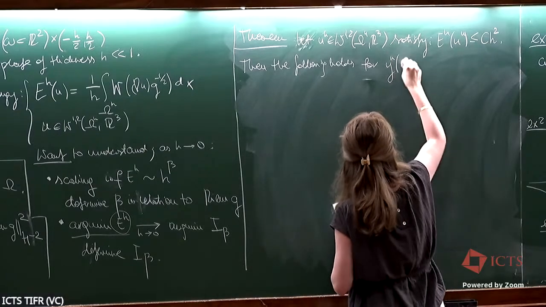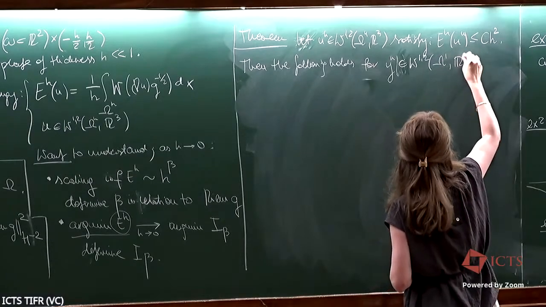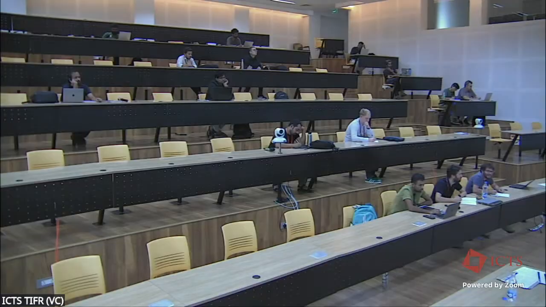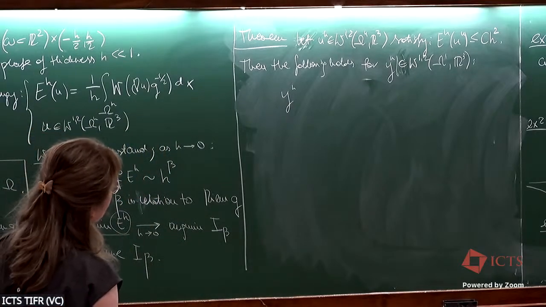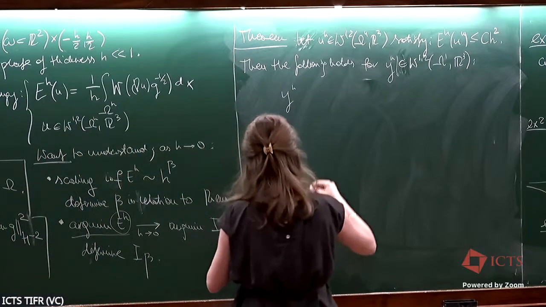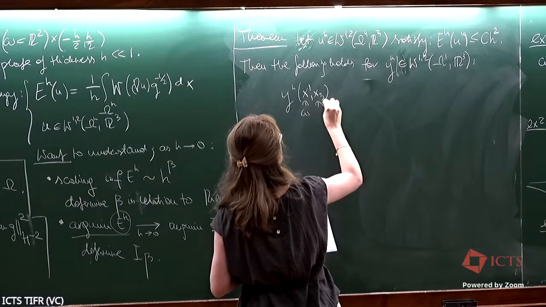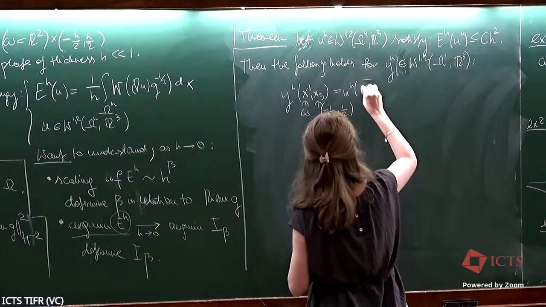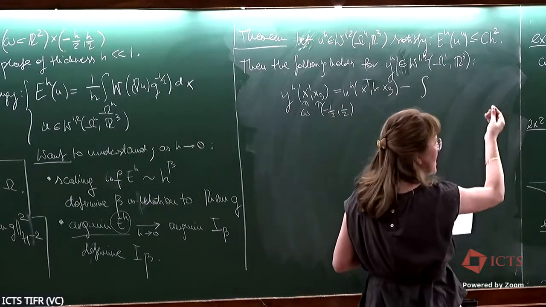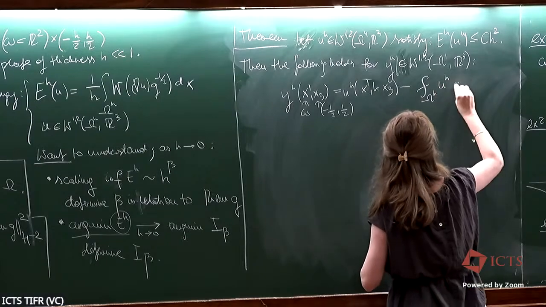For y^h, which are now in W^{1,2} from Omega_1 to R^3. I define y^h as follows: y^h of x, let's say x prime, x3, in little omega times between -1/2 and 1/2, as u^h of x prime, h x3, and I subtract the constant, the average of u^h on Omega^h.